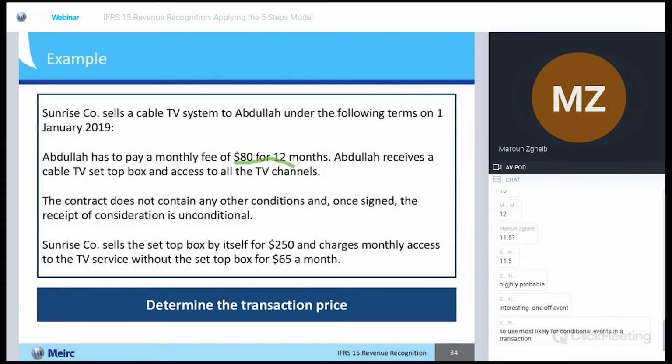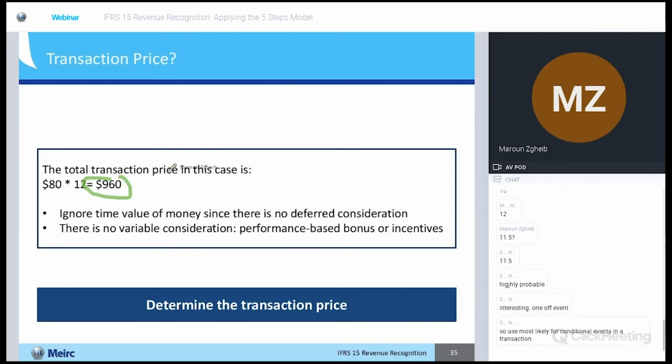This means that when we combine the two performance obligations, the first, which is cable TV, plus the second, which is access to the TV channels, we discounted the price to the customer from a total of $250 plus 65 times 12, which would be 1,030. We discounted it to a lower price, which is $960. Okay? So this is the 960.